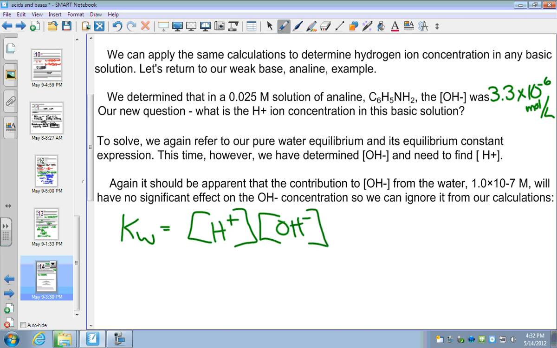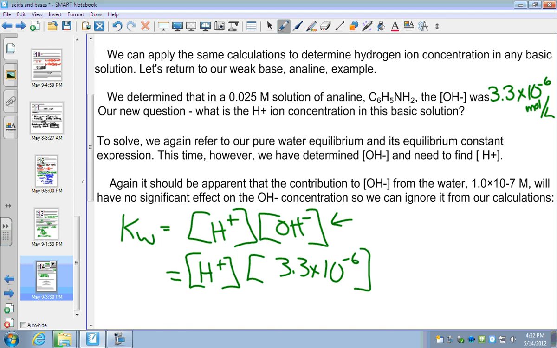In our example, OH was 3.3 times 10 to the negative 6. And Kw is always a constant, 1.0 times 10 to the minus 14.